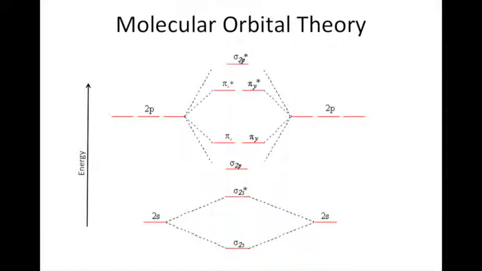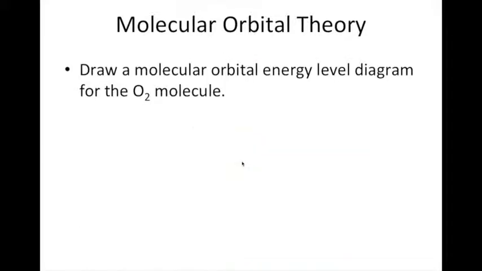Then comes our pi 2p along the y and the z axes, and the pi anti-bonding. So as compared to what we showed you previously, for O2 and F2, these two have flip-flopped. So let's have you try to draw the energy level diagram for the O2 molecule based on what we've shown you just now. Pause the video and give it a try.